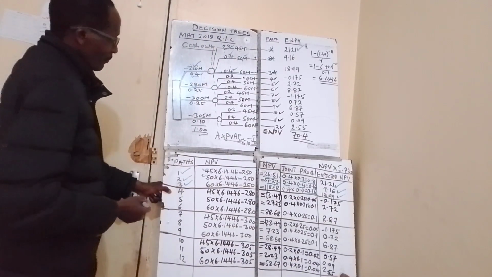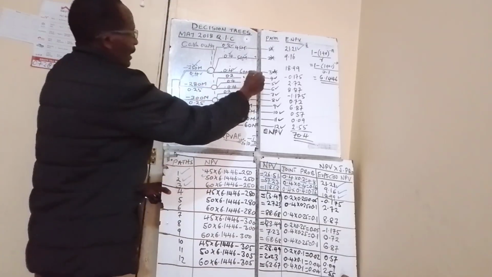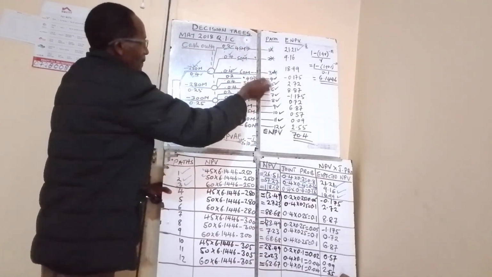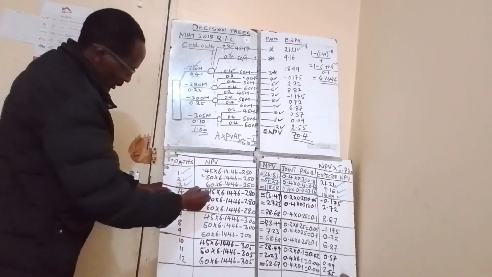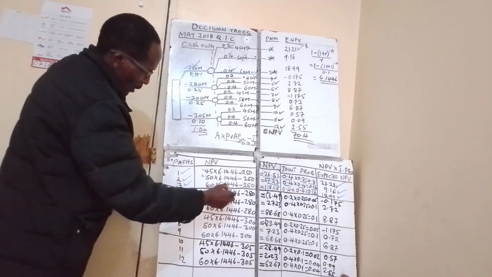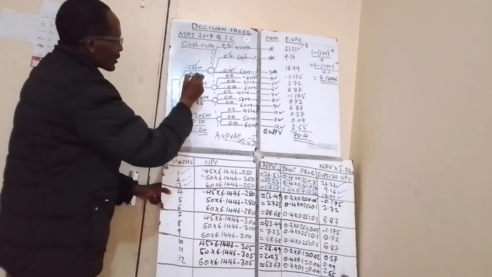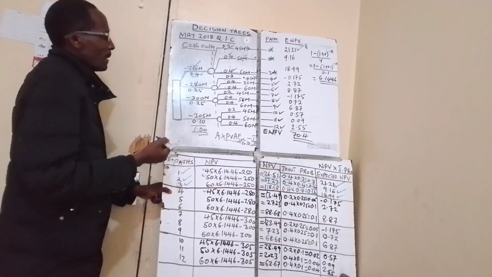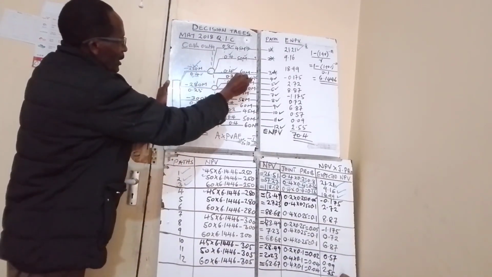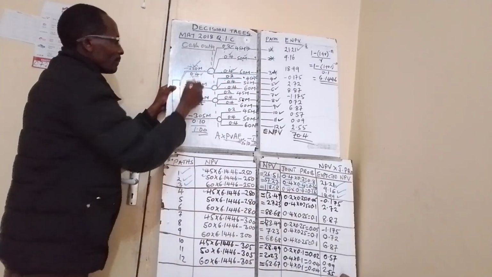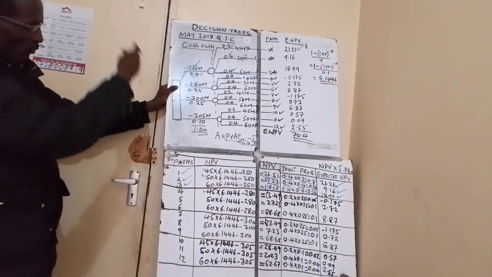Okay, so let's go to part 4. Cash inflow 45. You can see this 45 is the same as the one you have there. So 45 times 6.1446 minus initial capital outlay. Now this one has to change. You do not use 250. So initial capital outlay is 280, not 250.